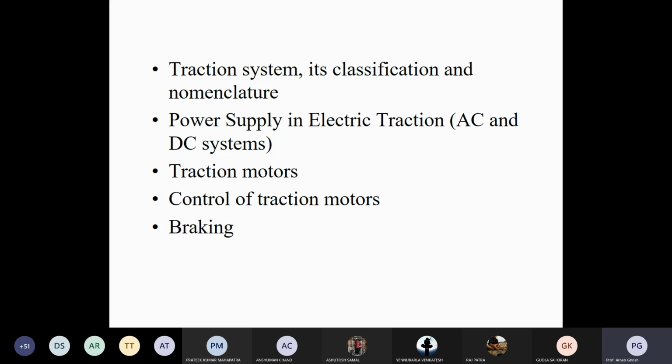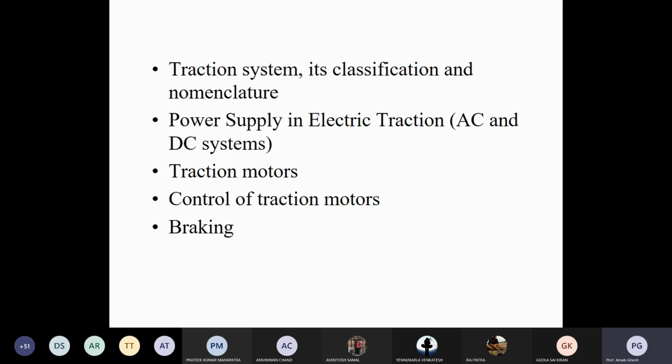But there is another thing called MEMU. MEMU looks like an intercity train between two cities. The EMU normally travels every day between two cities where the distance is 100 to 120 kilometers; it does not go more than that.